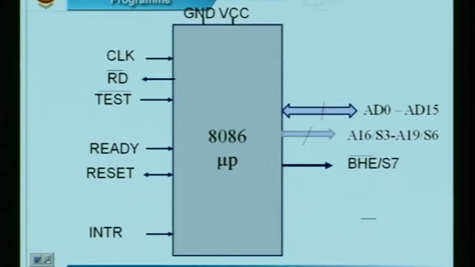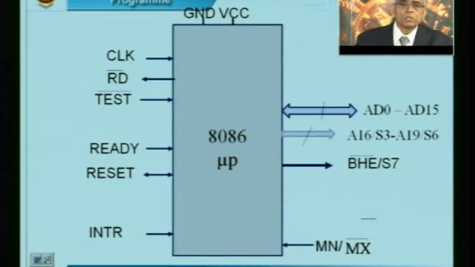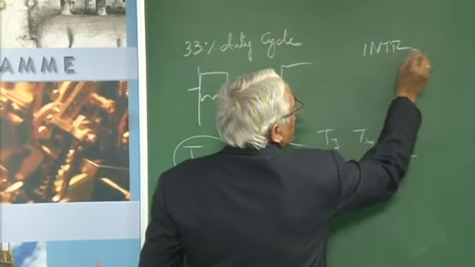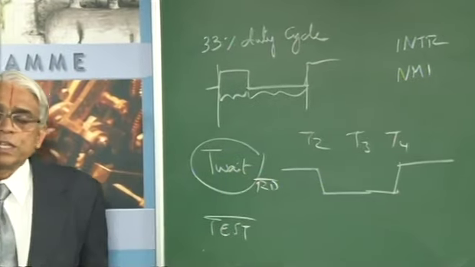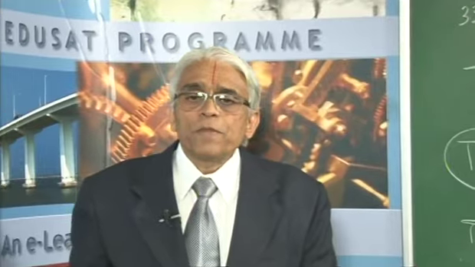We have two important signals called as interrupt and non-maskable interrupt. These are the two signals, INTR interrupt and non-maskable interrupt, which are being used from the external world to interrupt the microprocessor when it is performing an operation.